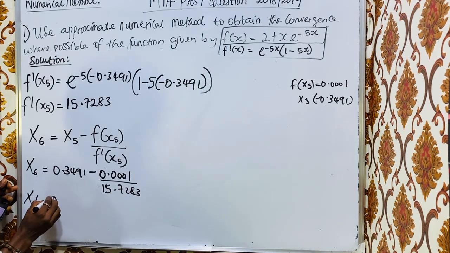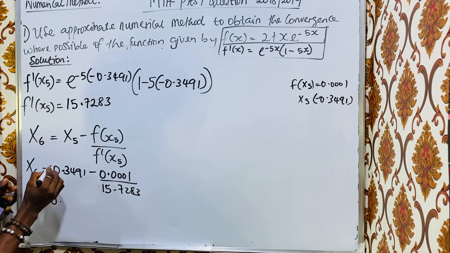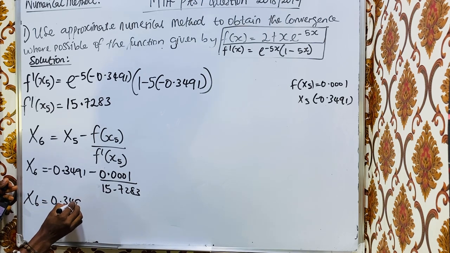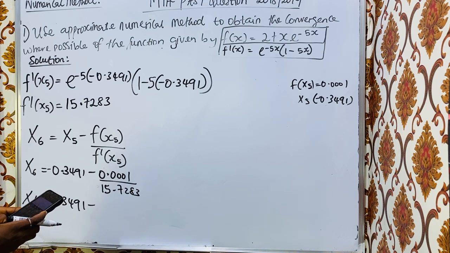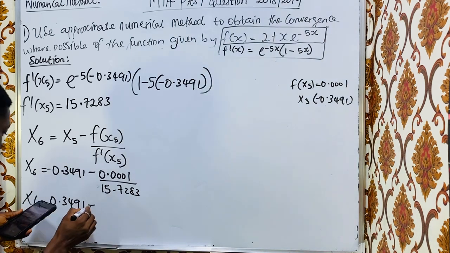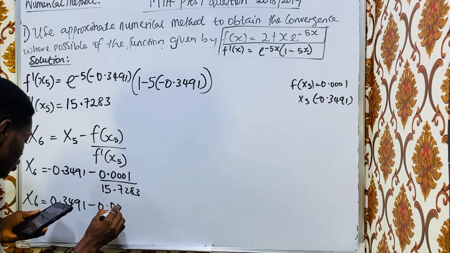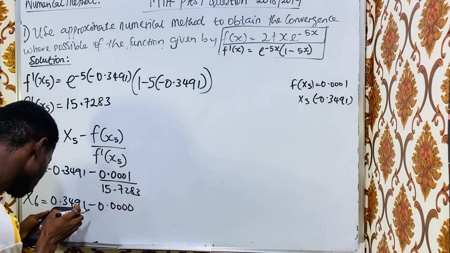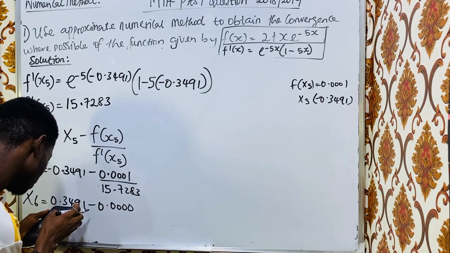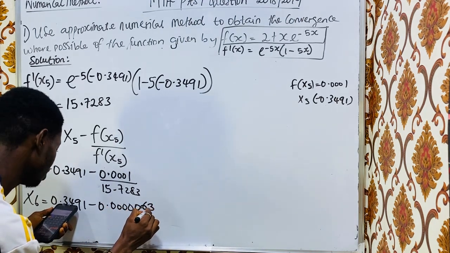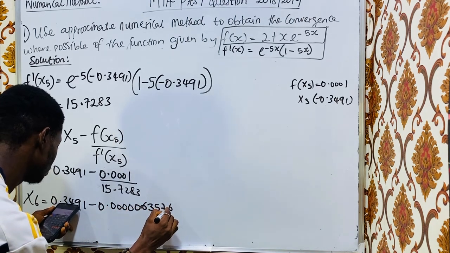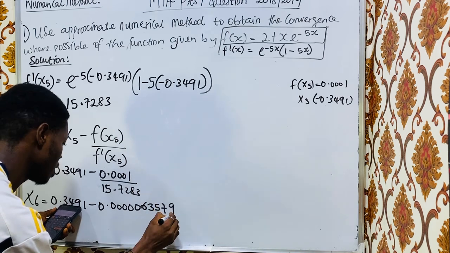Remember, it's minus 0.3491 minus, when you divide 0.0001 by 15.72 you get a very small number, so I'm going to have minus 0.000006359 or so.